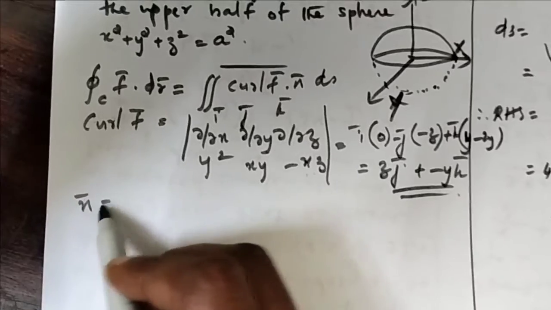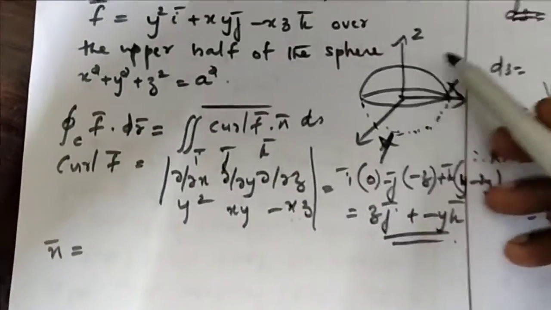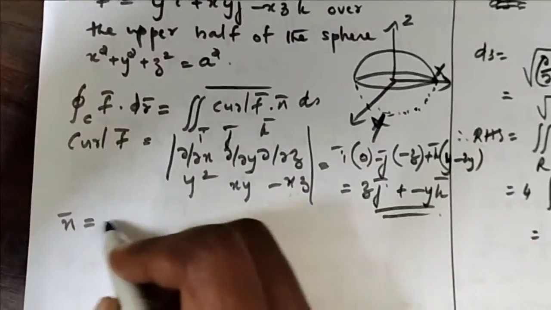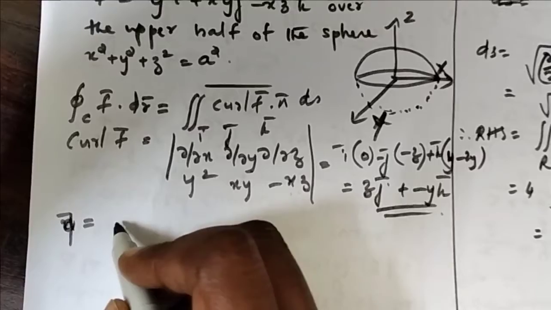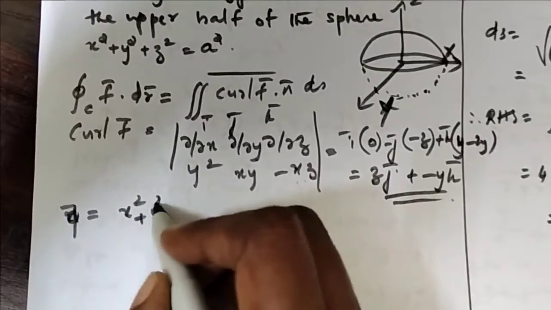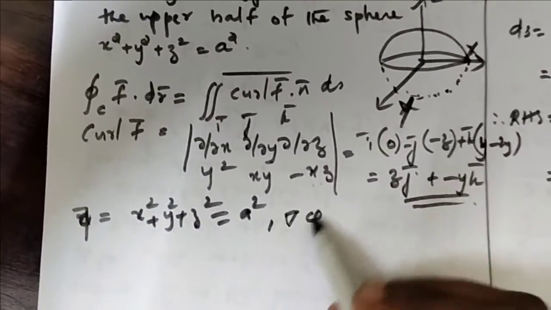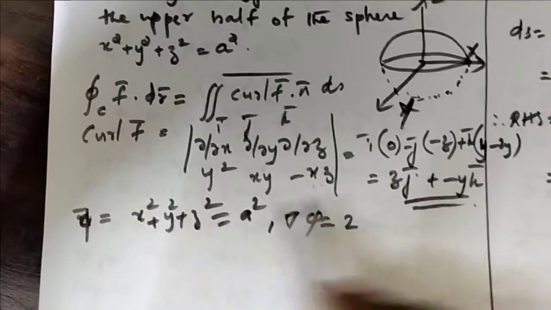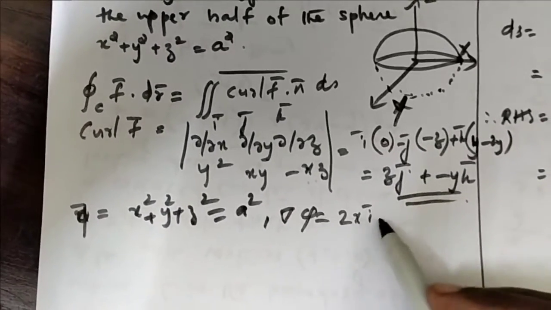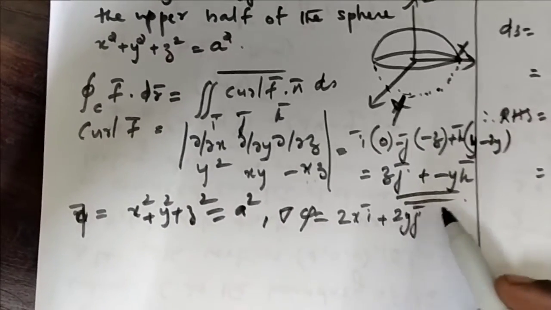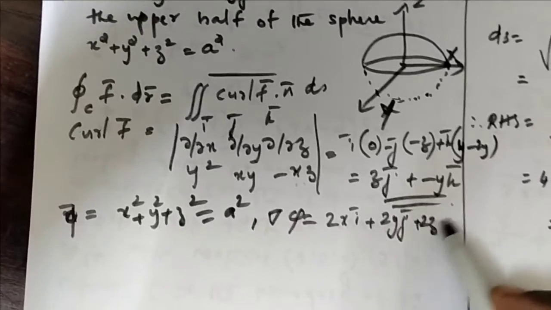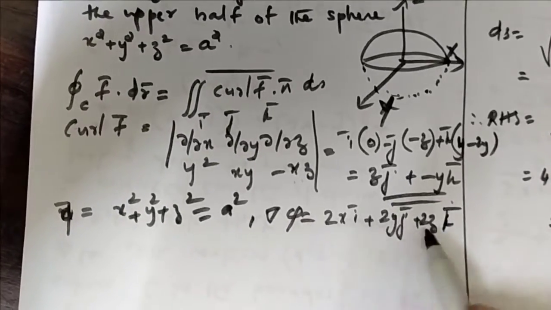And what is n here? Here also we have to find the outward normal using the formula, by taking the surface phi as x square plus y square plus z square equal to a square. So del phi: what is the partial derivative with respect to x? 2xi. With respect to y? 2yj. With respect to z? 2zk.